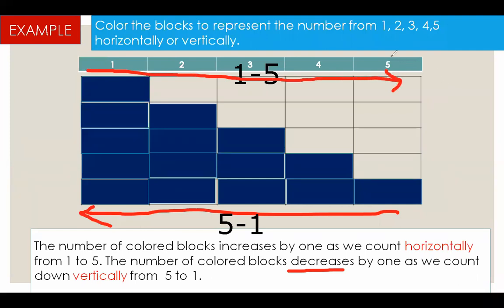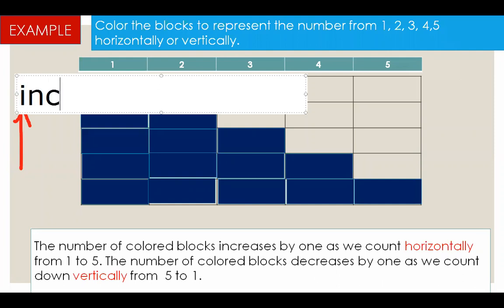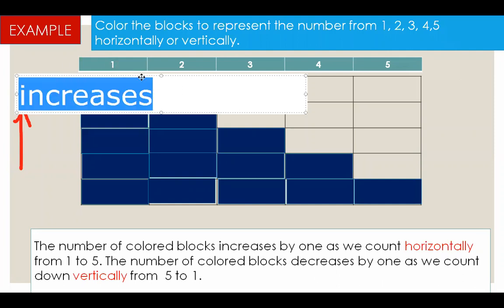Okay, do you understand? Okay, so now, look at this picture. Remember, students, when we say increases, that means it goes up. Okay? This is called increases. All right?